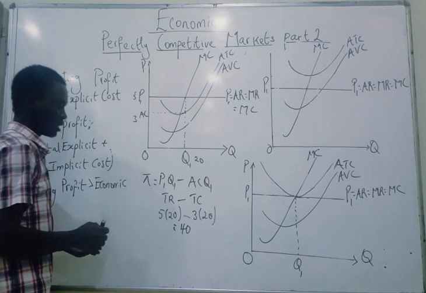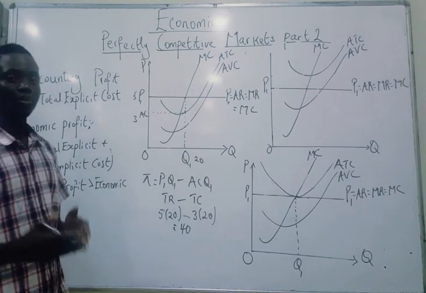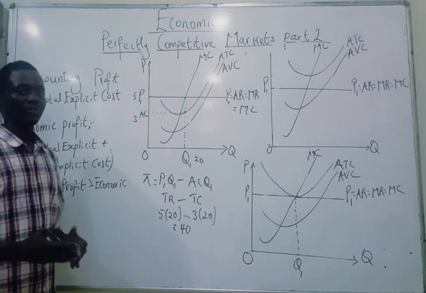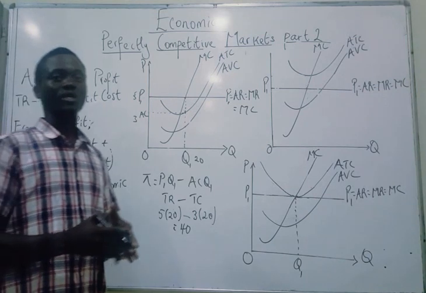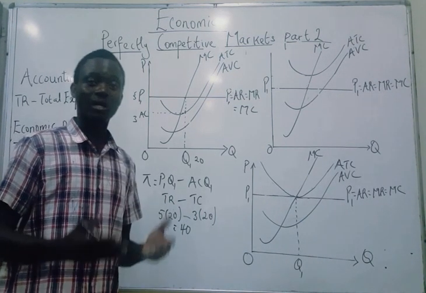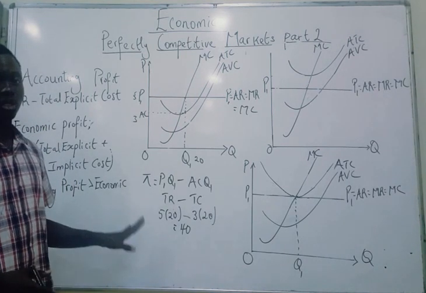So in this particular case, this firm is making a positive economic profit, that is, even after taking note of the implicit cost incurred by this firm as well as the explicit cost, the firm still makes a positive economic profit.